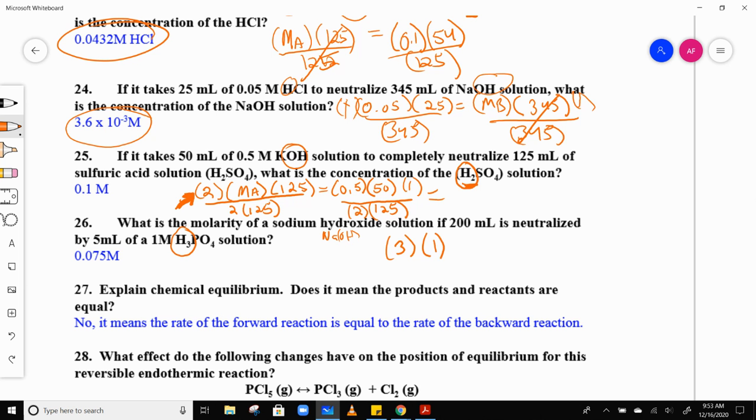So 3 times 1 times the volume of the acid, which is 5, is equal to the molarity of the base, which we're looking for, times 200 milliliters, and there's only 1 OH minus. So 3 times 1 times 5, and then you divide both sides by 200. 3 times 5 is 15 divided by 200. You should get 0.075.